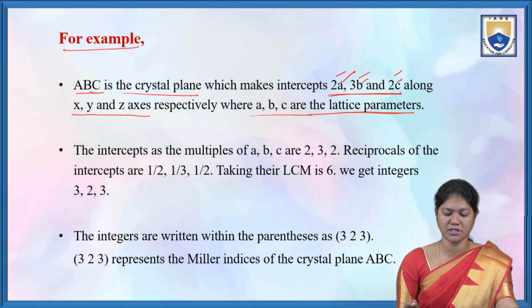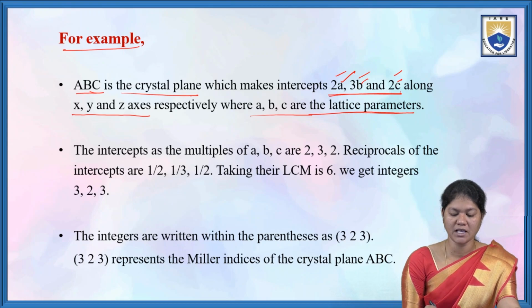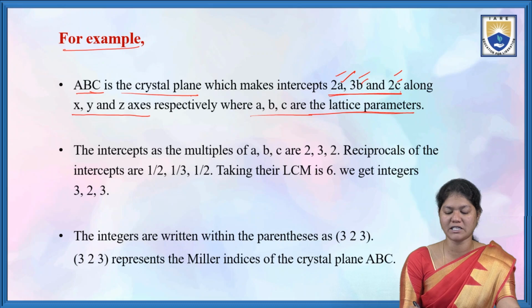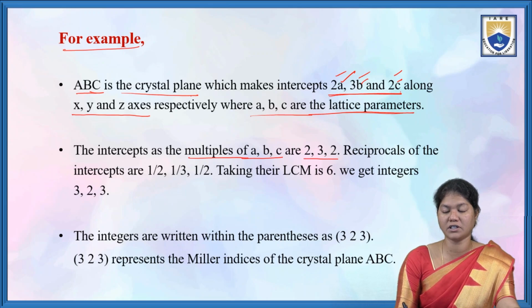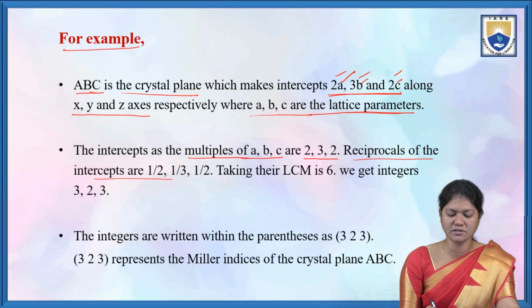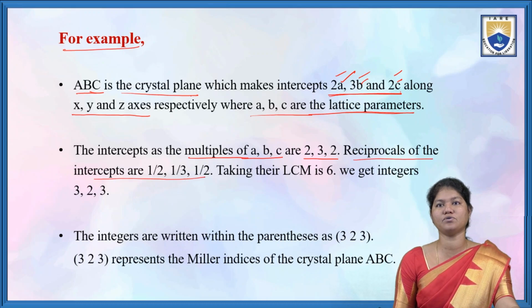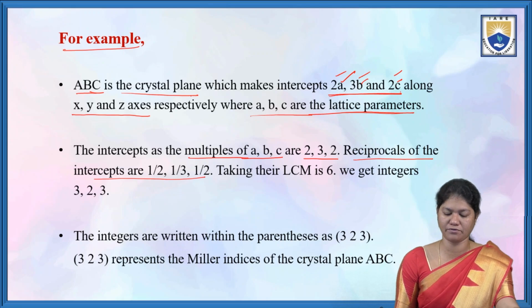Then in the second step, the intercepts as multiples of A, B, C are 2, 3, 2. The reciprocals of the intercepts can be written as 1 by 2, 1 by 3, 1 by 2. Then we have to convert into integers.